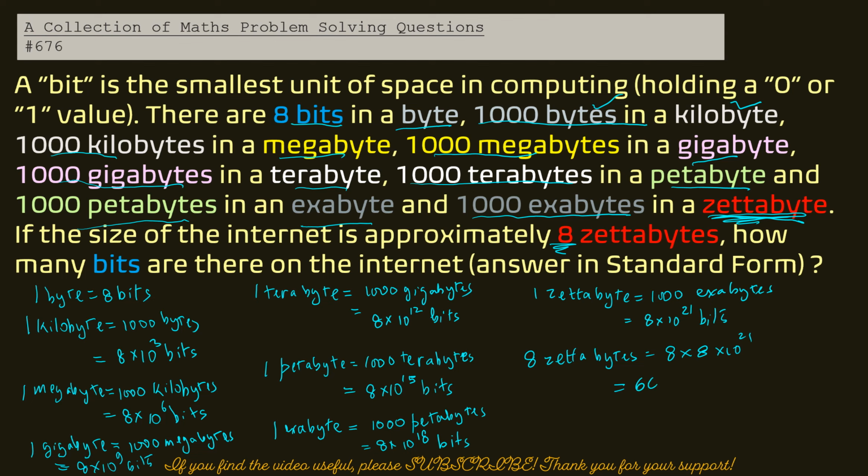That is 64 times 10 to the power 21, and instead of writing 64, I'm going to write 6.4 times 10 to the power 22, and that is the number of bits that are on the internet. So that's the answer, 6.4 times 10 to the power 22 bits.